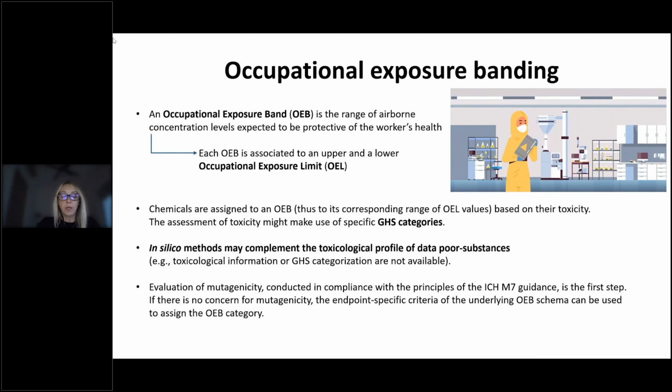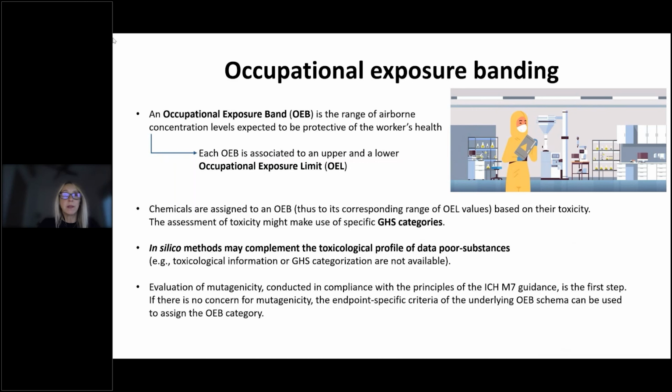And we have to keep in mind that each band is then associated to an upper and a lower occupational exposure limit. In this specific context, chemicals are assigned to a given band, and therefore to the corresponding range of occupational exposure limit, based on the toxicity of a chemical.